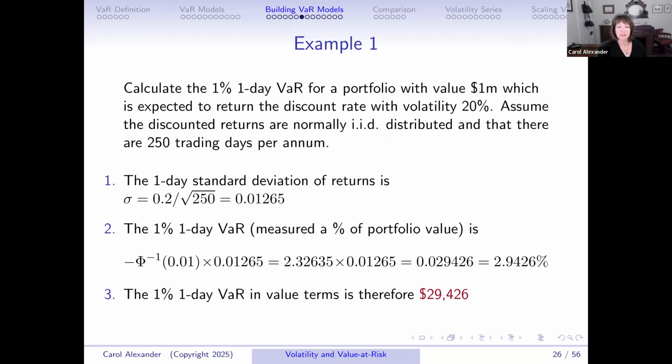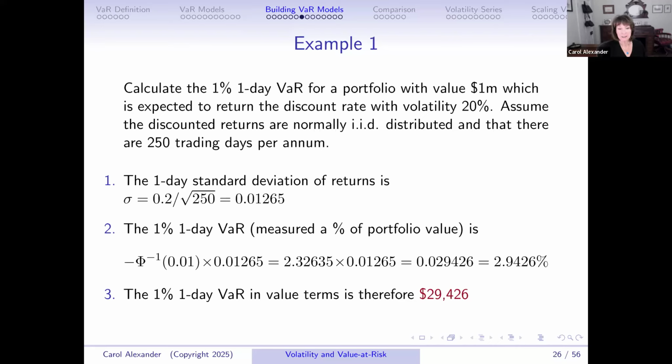If we have sigma_250, which is 20%, then sigma_1 is 20% divided by the square root of 250. I'll go over this again later in the topic. If you find this a bit confusing, it'll probably become clear in a later video.